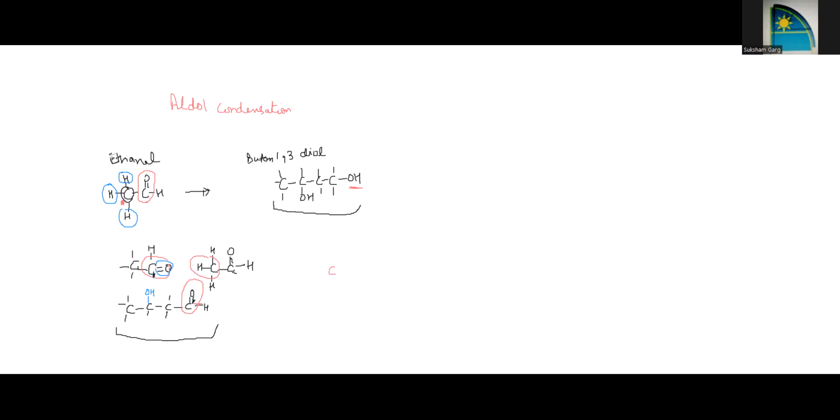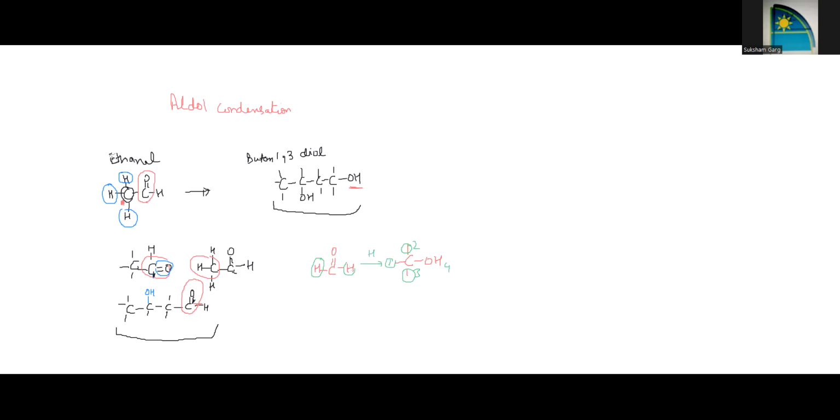That is, if you have this structure and if you have this structure, what is the difference between these two? The difference is that this structure contains extra hydrogens. This contains only 2 hydrogens. This one contains 1, 2, 3 and 4 hydrogens.